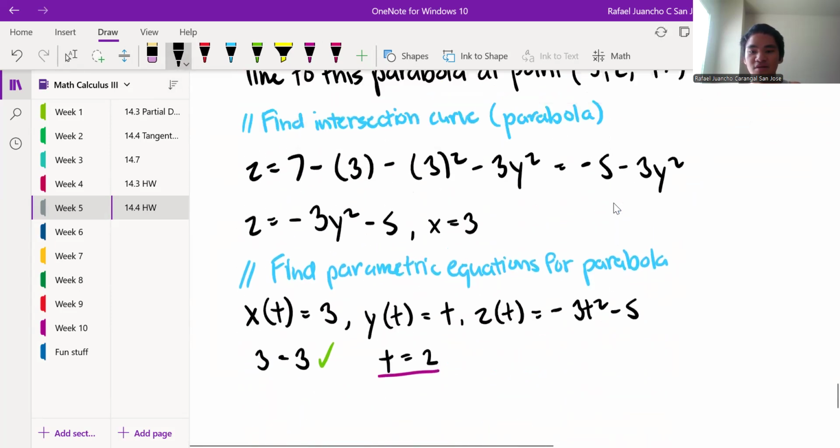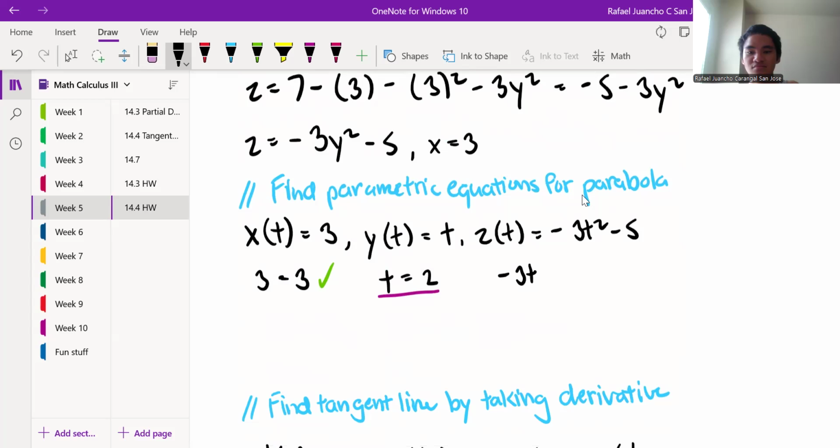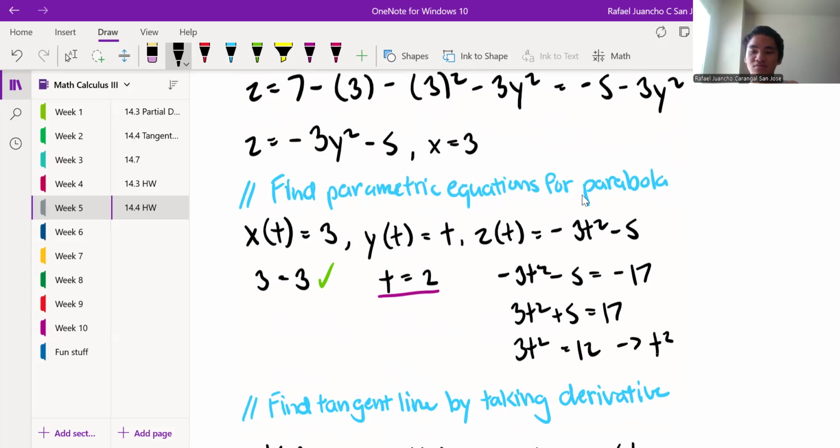How about when negative 3t squared minus 5 is negative 17? Well, I can take out the negatives and subtract, so it becomes a 12. t squared is 4, and so t is just 2. And there we have it. At t equals 2, we get these points.